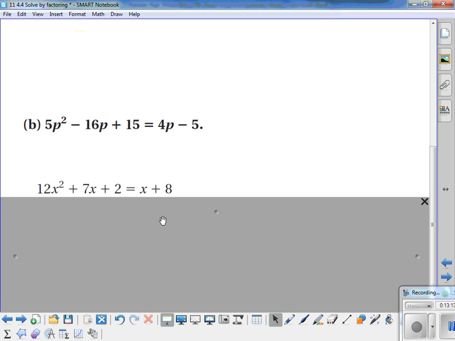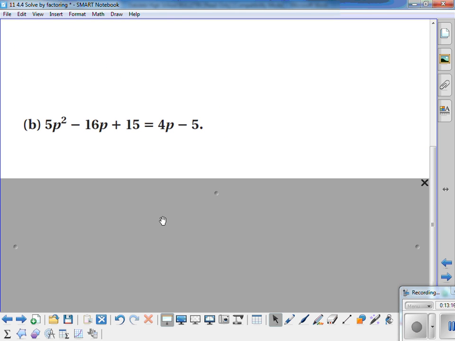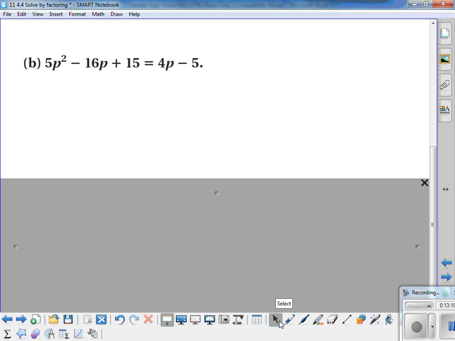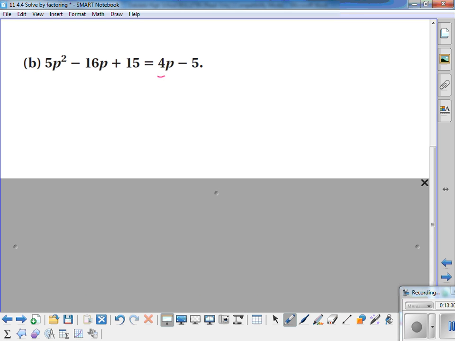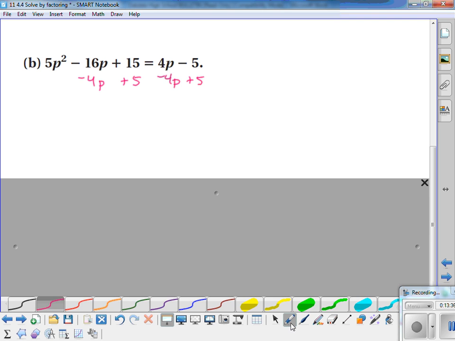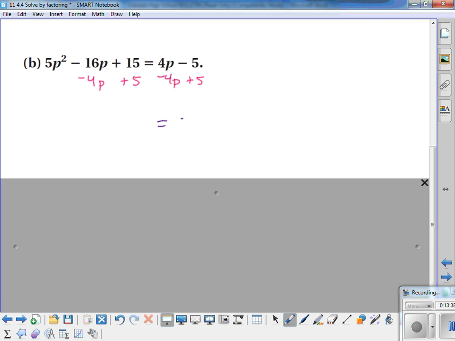Okay, so we're running a little short on time, so I'm going to do this one with you guys real quickly. Okay, so now is this one equal to 0? No. So before I can solve it, I can't use the 0 product property if I don't have a 0. So I've got to subtract the 4p from both sides, and I have to add 5 to both sides so that I have a 0 on the right side of my equation.